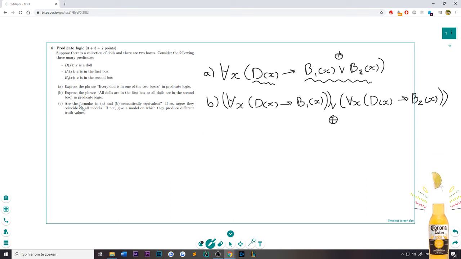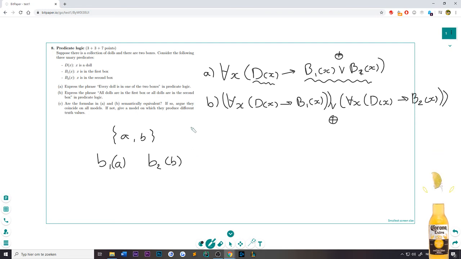So anyway, C: are the formulas in A and B semantically equivalent? If so, argue they coincide on all models. If not, give a model on which they produce different truth values. And guess what? This is the exact same answer that we've given to like 3 questions already. Let's say we have 2 elements, element A and element B, right? And A is in box 1 and B is in box 2.